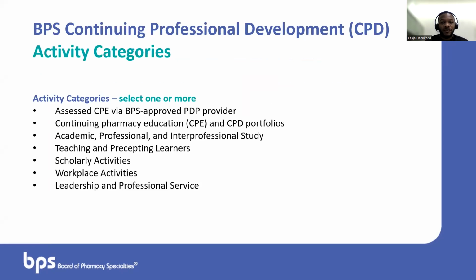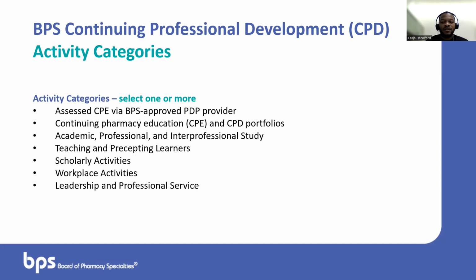BPS Continuing Professional Development. Across several categories, BPS has outlined activities that may be claimed for CPD units towards successful recertification. Activity categories include the following: assessed CPE via BPS-approved provider, continuing pharmacy education and CPD portfolios, academic, professional, and interprofessional studies, teaching and precepting learners, scholarly activities, workplace activities, and lastly, leadership and professional services.